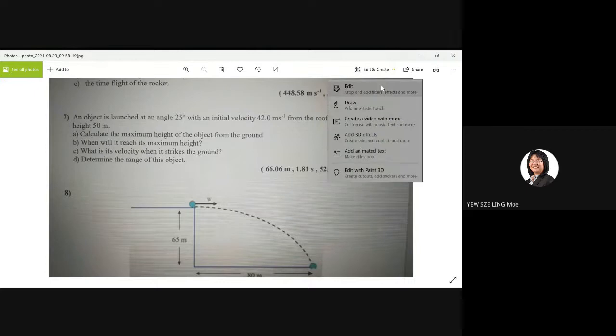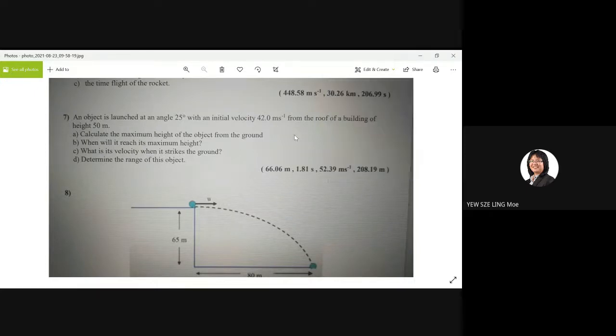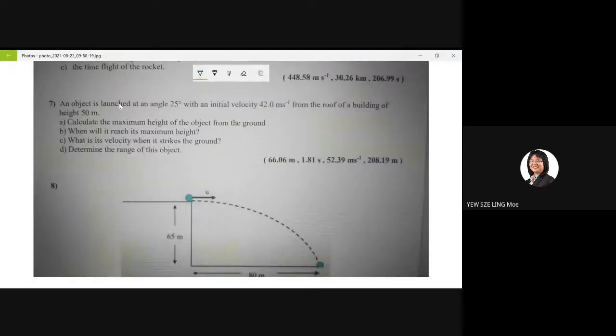Let's see if I can draw. I have an object, and this is the height of the building. Now my object is going up and then it goes down. The angle given is 25 degrees, and the initial velocity u equals 42 m/s.